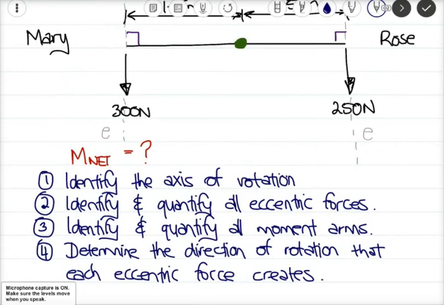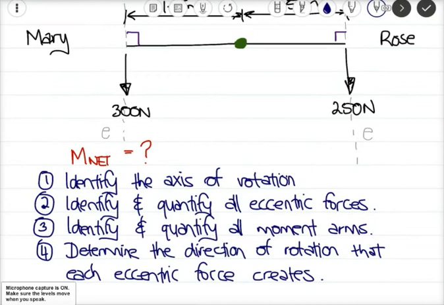Now, the sticking point here is a lot of people think a downward force is always associated with a clockwise moment because downwards is negative y and clockwise is negative. Don't make that mistake. It really depends on the situation.